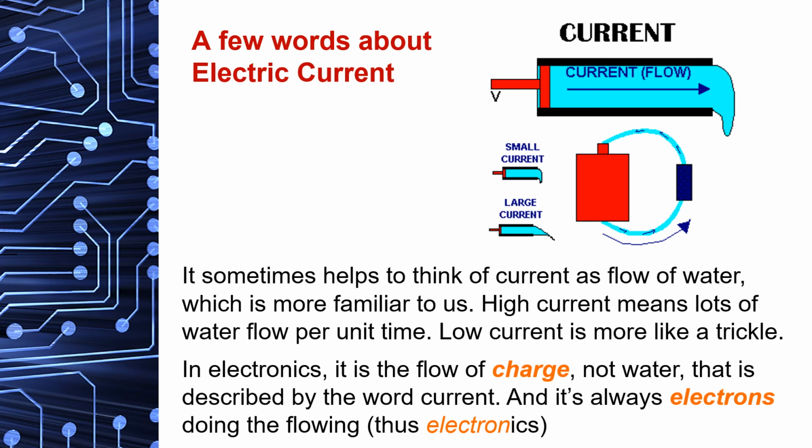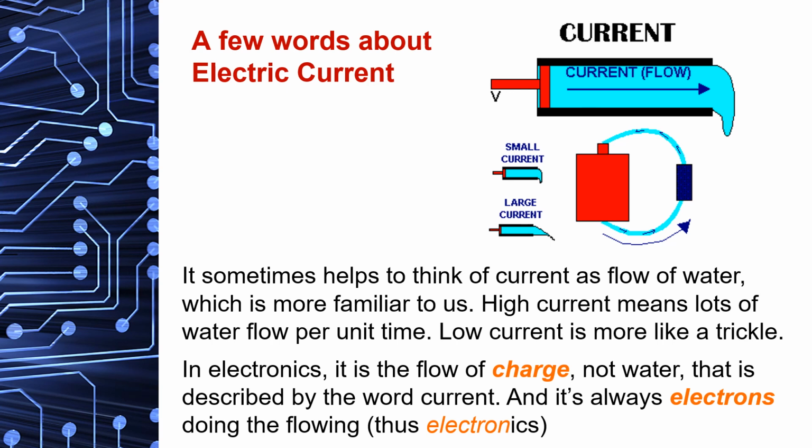It means that there's a lot of water coming out of your spigot, and everything gets all wet. And low current in water, that's that little bit of trickle where there's hardly any water, it's just kind of dripping out. In electronics, it's the same way, except that the current is the flow of charge. It's the flow of the electrons, not water.